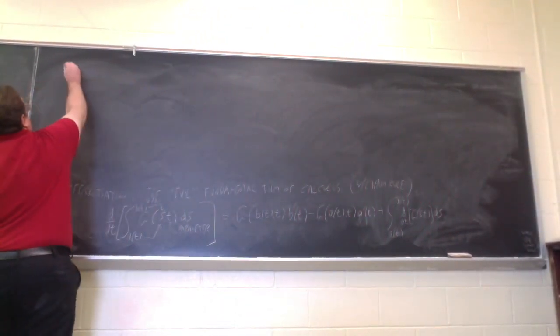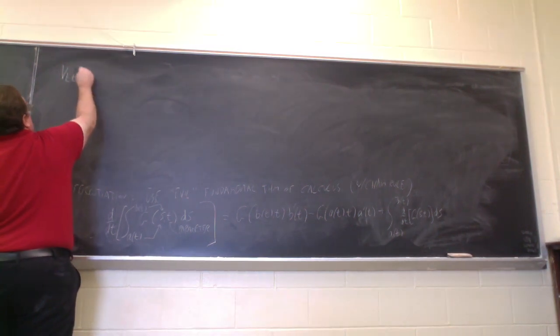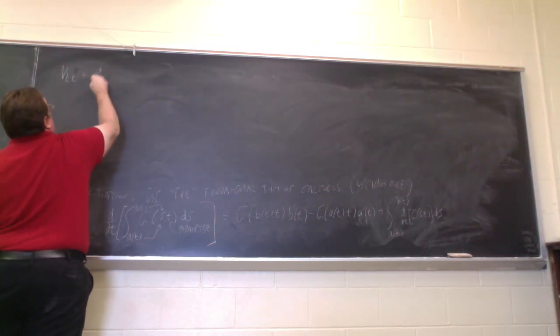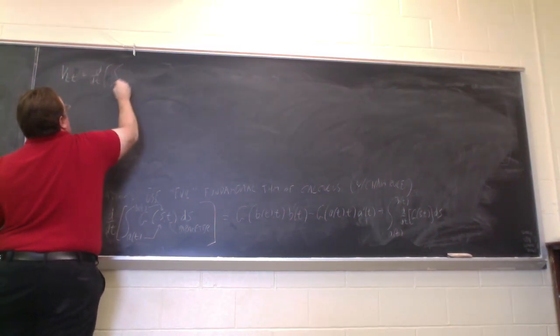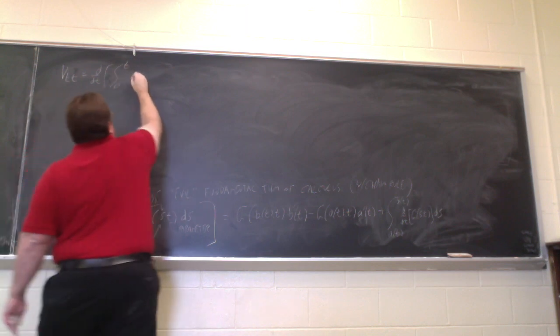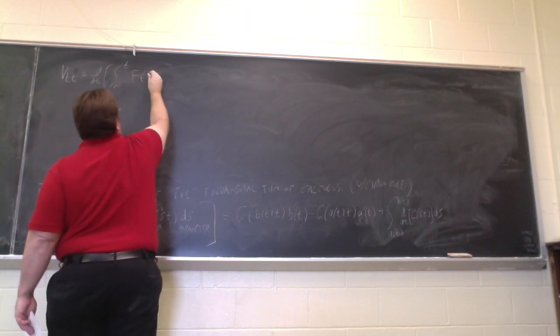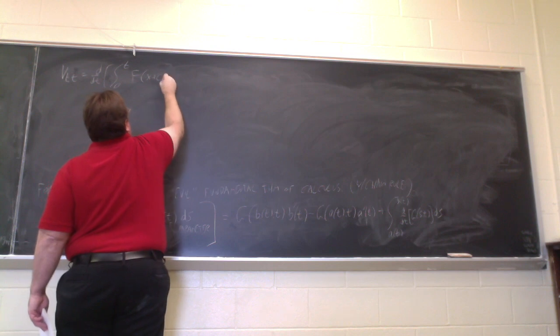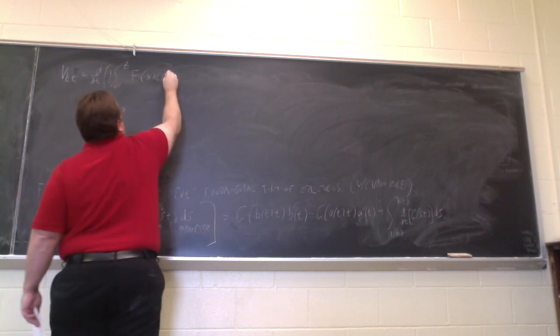The derivatives with respect to x are a lot less interesting, thankfully. So V_tt is a derivative with respect to t of this integrand that has t as a limit. There's a 1/2 in here.